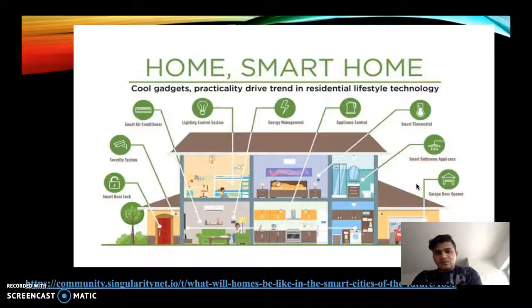You can see the home gadgets like appliance control, smart thermostat, smart bathrooms, garage door, smart door lock, security system, smart air conditioner. All this kind of electronics we can control by our mobile or tablet, whether we are at home or out of the home.